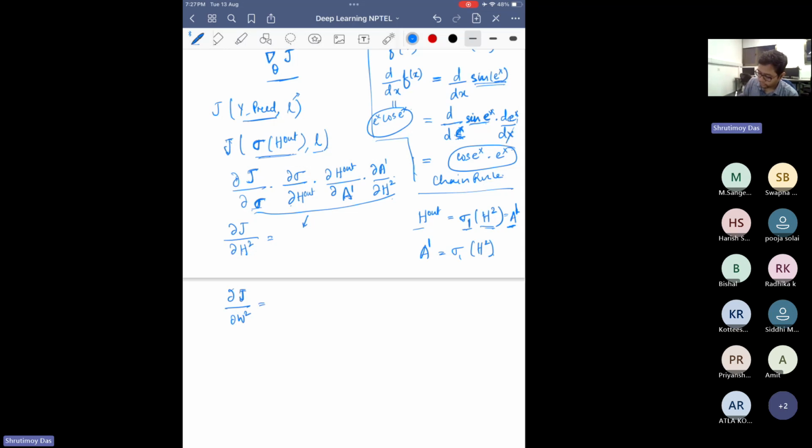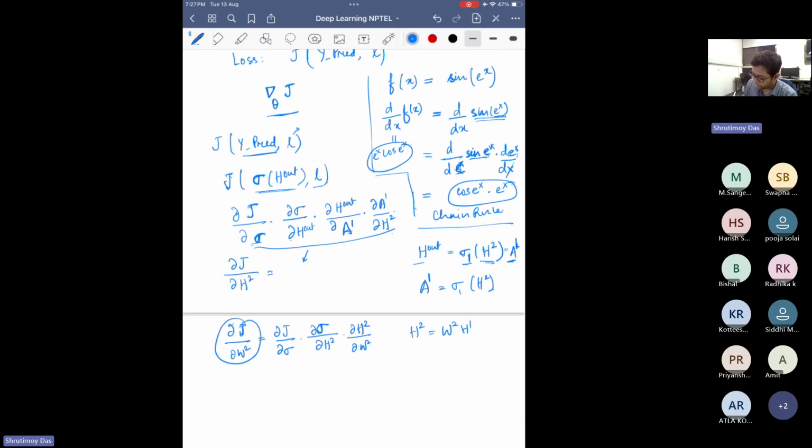So this depends on your sigma, then your sigma depends on H2, and your H2 depends on W2, right? Because your H2 was W2 H1 plus, we had no beta. So if you want to compute this, you need to compute this, and so on, right?